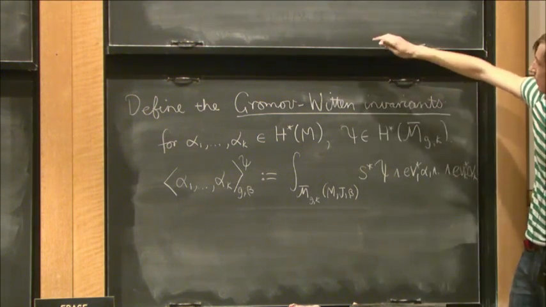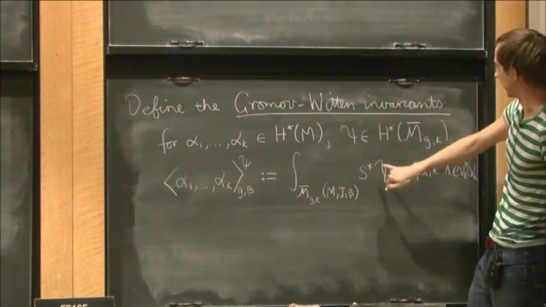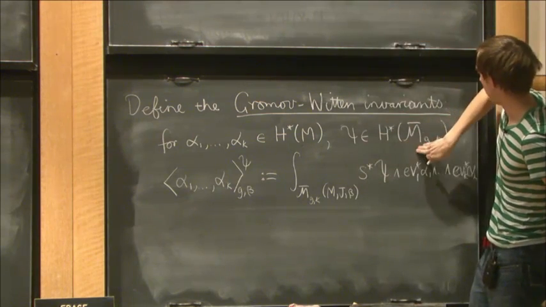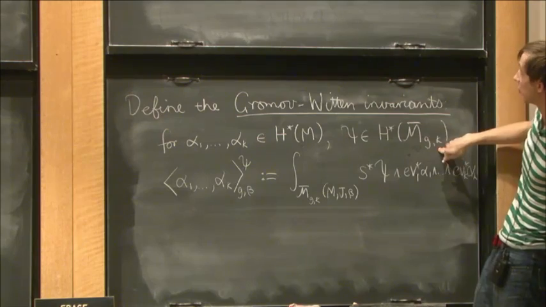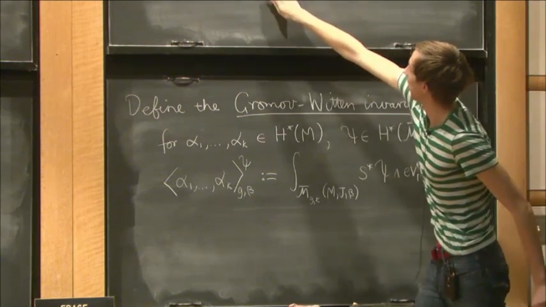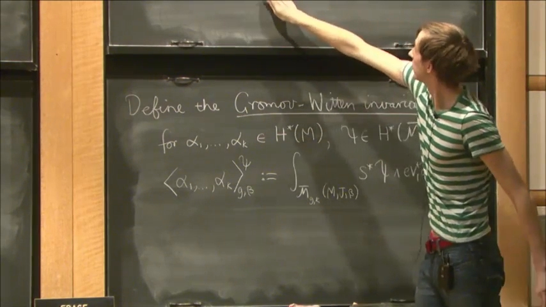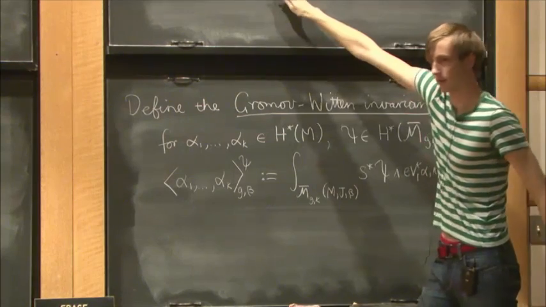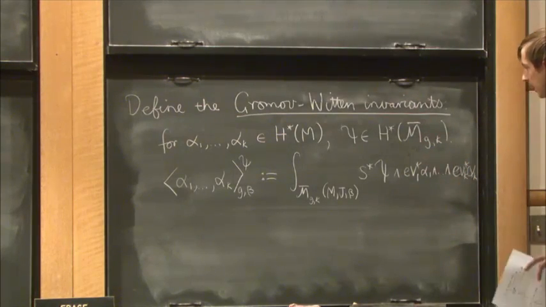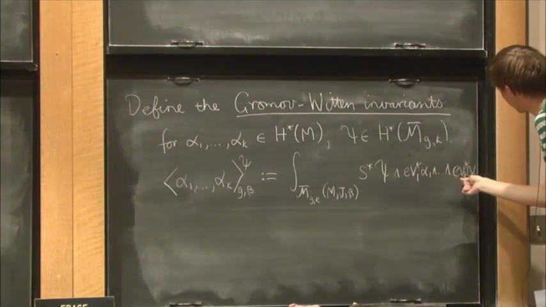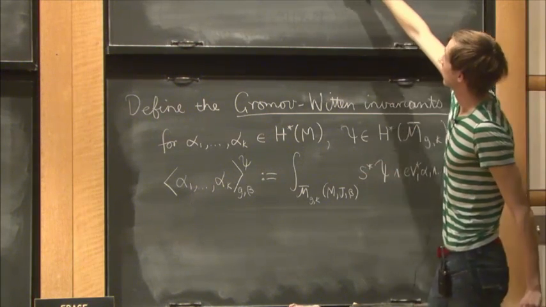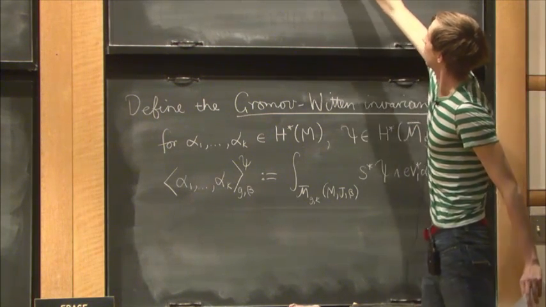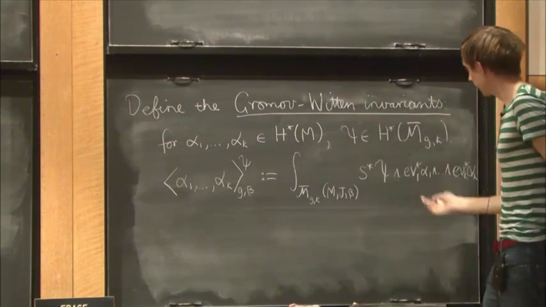So we take this class psi in the cohomology of M-bar g,k, and we pull it back to our moduli space via this map S, which just remembers the domain. And we take all these classes alpha 1 through alpha k, we pull them back to our moduli space using these evaluation maps.